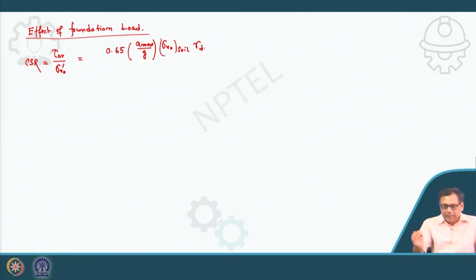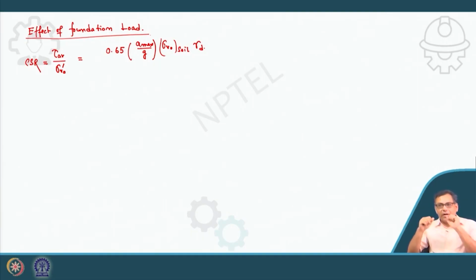So our expression of the CSR is 0.65 times A max by G, then sigma V or V0, that is for soil, into RD, divided by sigma V0 dash.